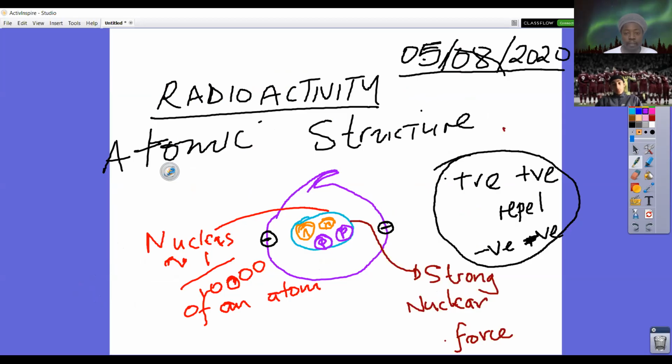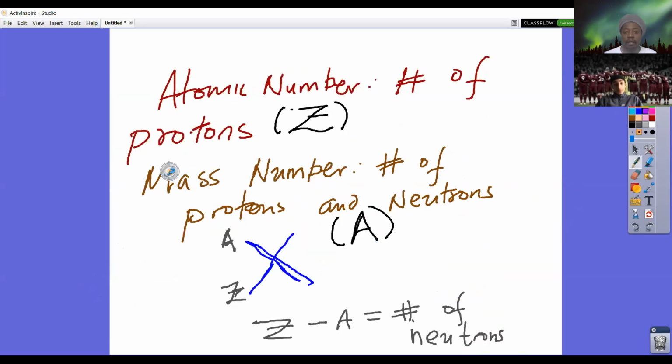Do you remember that? Yes? I'm trying to find the diagram. I did find it, and then I lost it.